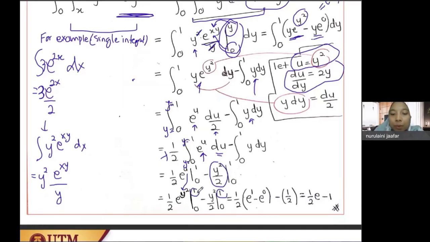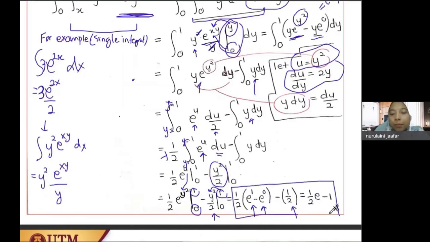Okay, first we substitute 1, we get 1 over 2 e to 1. Okay, and then substitute 0, minus e to 0, and then minus y squared divided by 2. Substitute 1 into y squared, we get 1 over 2. Substitute 0, we get 0. So that's why you get this.